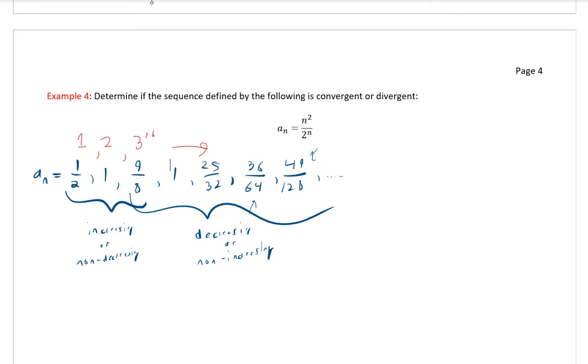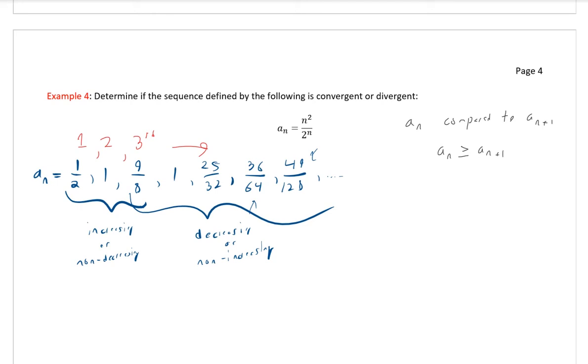Okay. If you don't want to explore it that way, you can also explore algebraically if you so please. If we look at a sub n compared to a sub n plus 1, so the next one, what we want to show for something to be non-increasing is we want a sub n to be greater than or equal to a sub n plus 1.